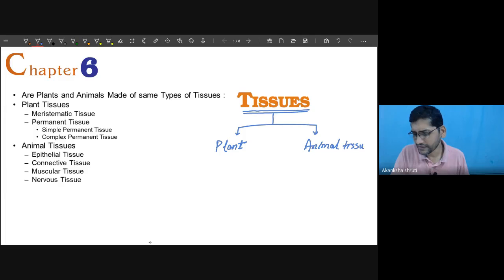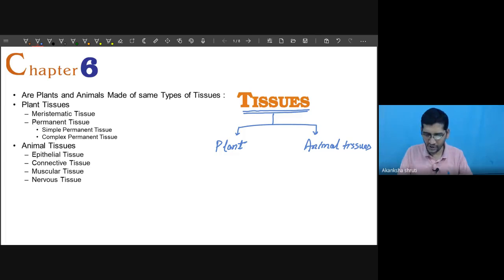Like cells, tissues are also present in almost every living organism, excluding a few prokaryotic or very simple organisms, like amoeba, which is unicellular, and paramecium, which is unicellular.